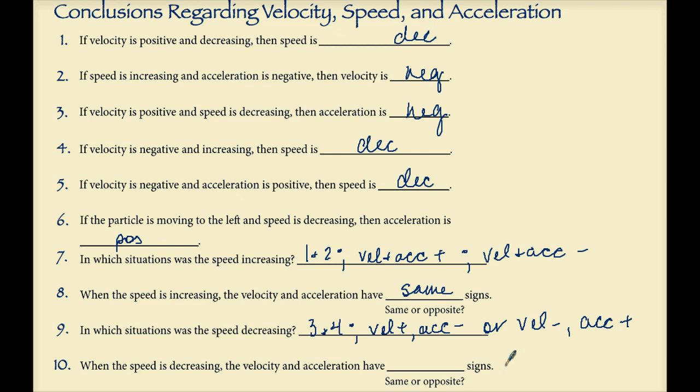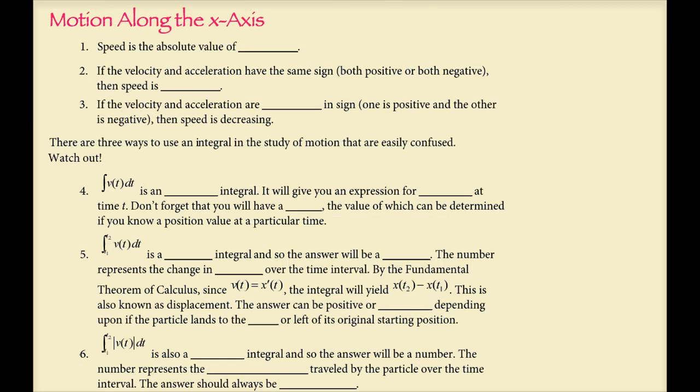When the speed is decreasing, then, the velocity and acceleration have opposite signs. Some concluding thoughts. Speed is the absolute value of velocity. We discovered that if velocity and acceleration have the same sign, both positive or both negative, then speed is increasing.